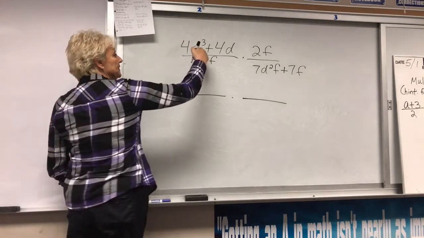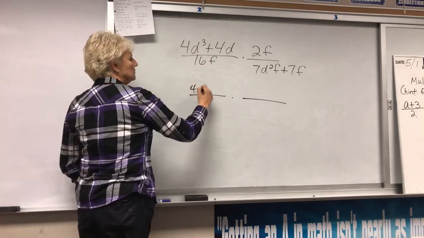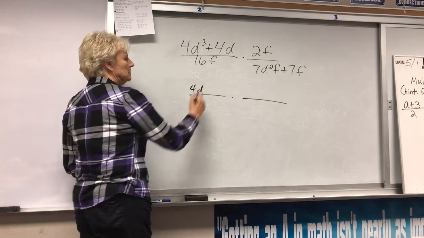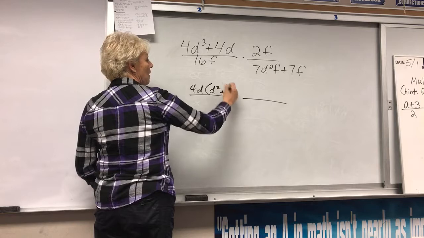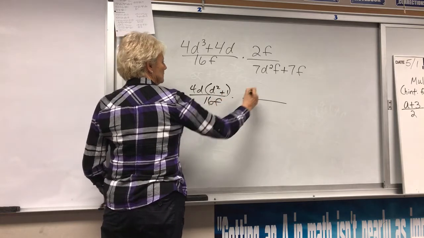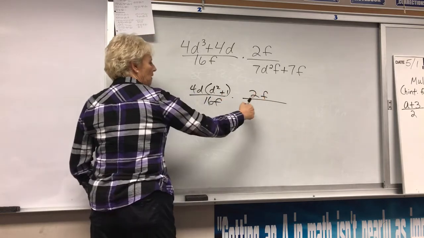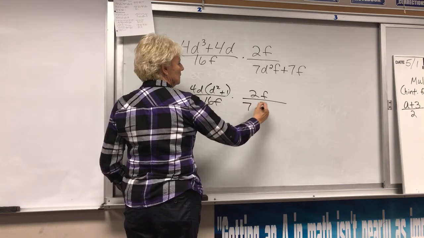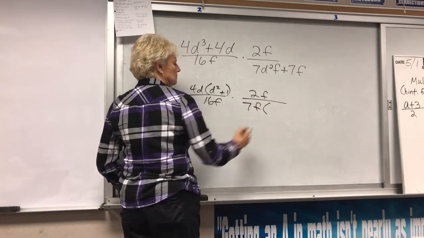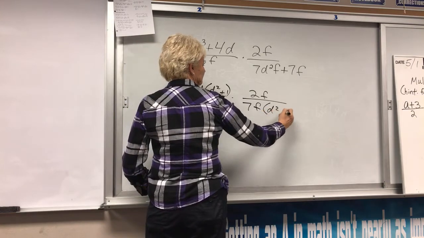What do I get up here? 4d times d squared plus 1. Seven f: 7f times d squared plus 1.